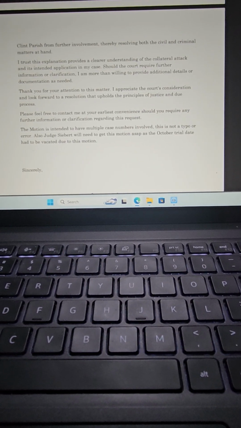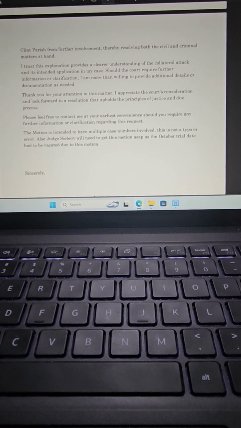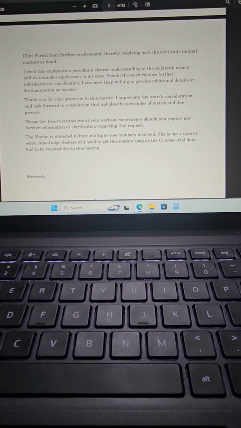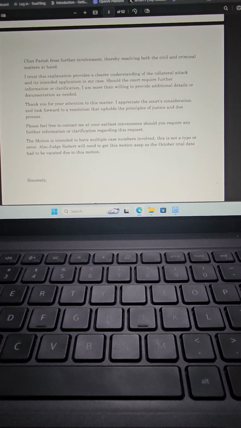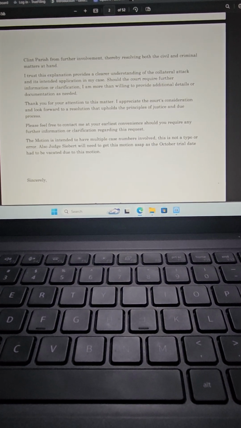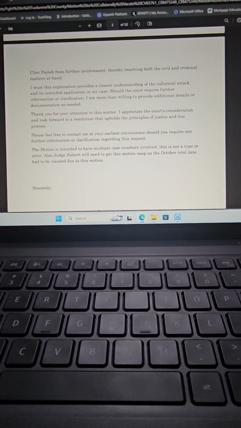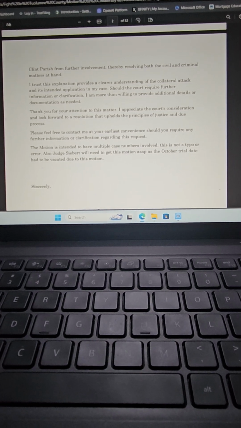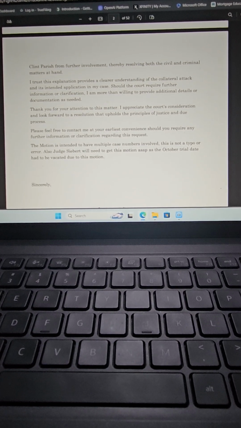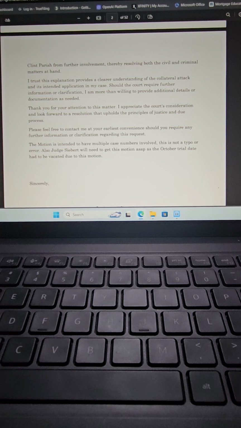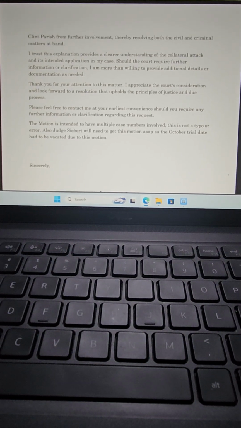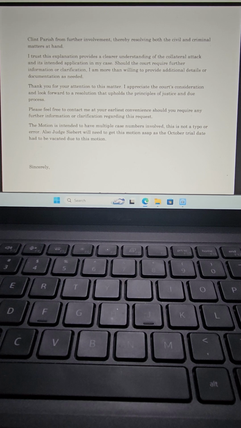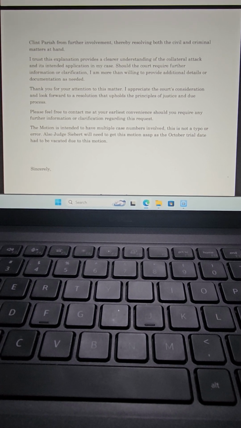I trust this explanation provides a clear understanding of the collateral attack and its intended application in my case. Should the court require further information or clarification, I am more than willing to provide additional details or documentation as needed. Thank you for your attention to this matter. I appreciate the court's consideration and look forward to the resolution that upholds the principles of justice and due process. Obviously, they don't uphold any of that. Please feel free to contact me at your earliest convenience should you require any further information or clarification regarding this request.